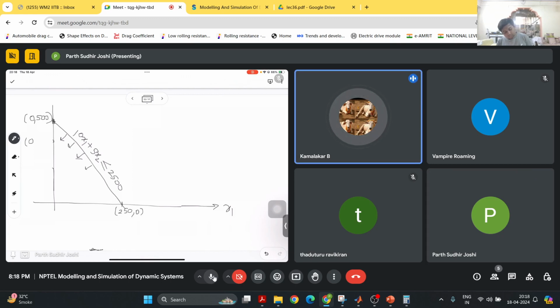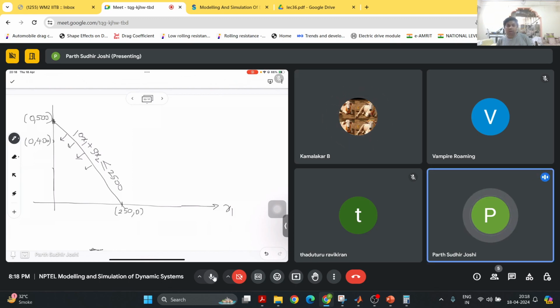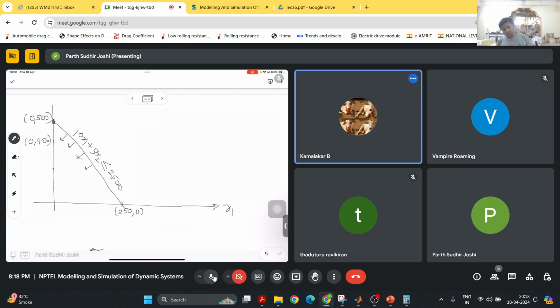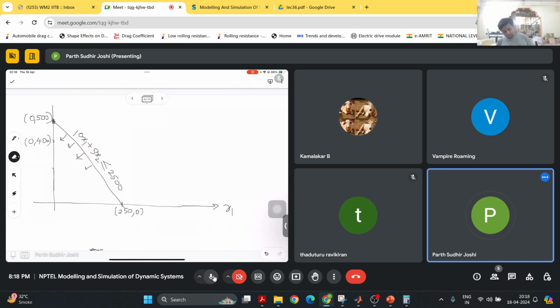Can you copy those constraints onto this page? The Google Jamboard interface is not so user friendly. That's why I have to flip between the slides. Unfortunately, I could not figure out a better tool, but maybe in future I can try to find one. But as of now, I have to live with this.